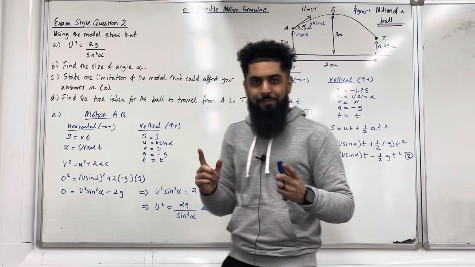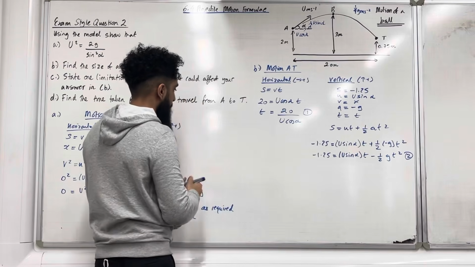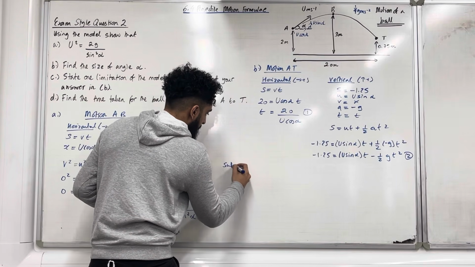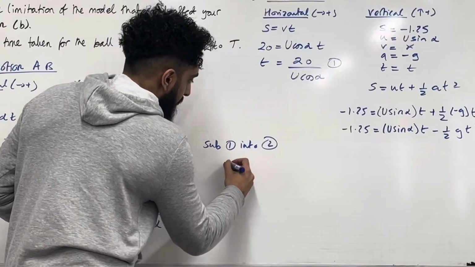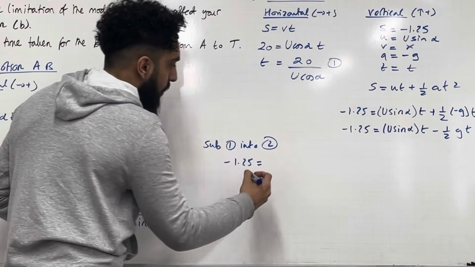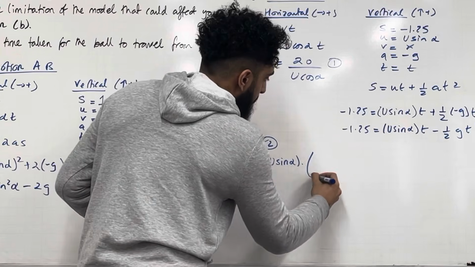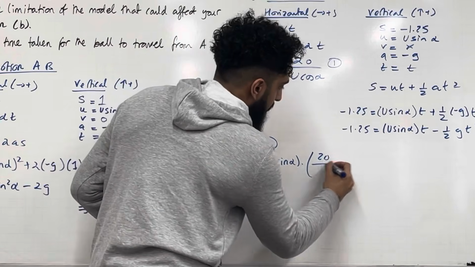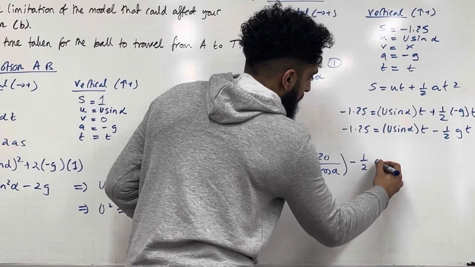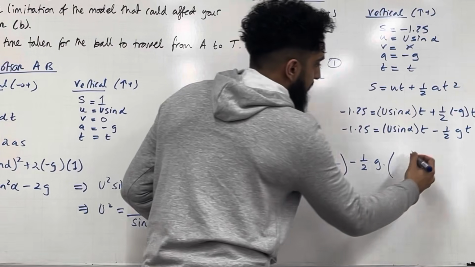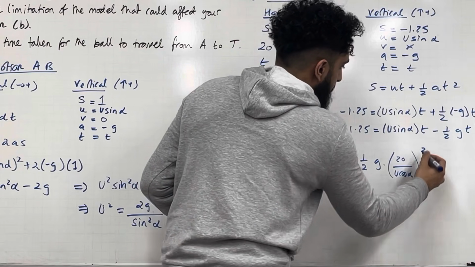Right, so first of all, I'm going to substitute equation 1 into equation 2. This gives me minus 1.25 equals u sine alpha multiplied by t, so 20 over u cos alpha, minus a half g multiplied by t squared, so 20 over u cos alpha squared.